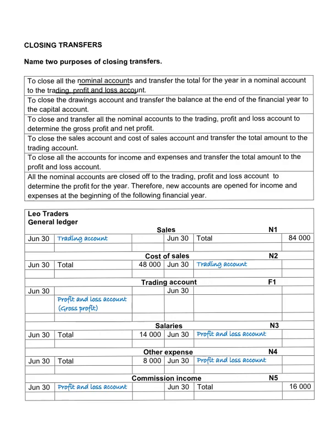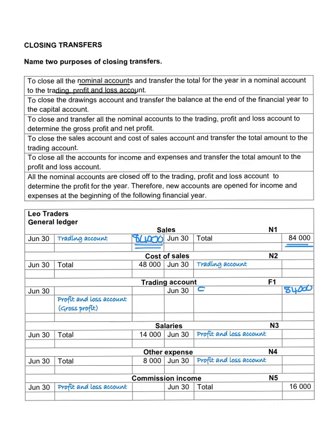Because sales is an income that has a credit balance, we will have to debit the sales account with the 84,000 so that we can close off this account, and because we debited sales, we will credit the trading account with 84,000.